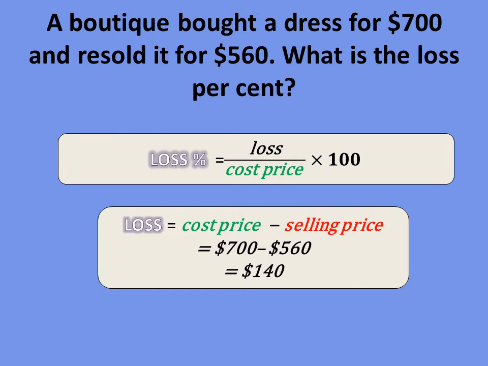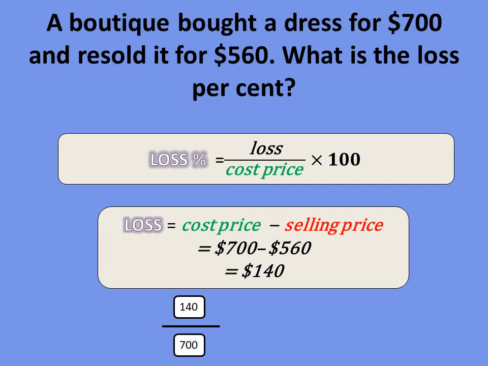So now that we know what our loss is, we can replace the value for the word. So the loss is $140. Very good. And we're going to write our division sign. And now our cost price. What was the cost price again? $700.